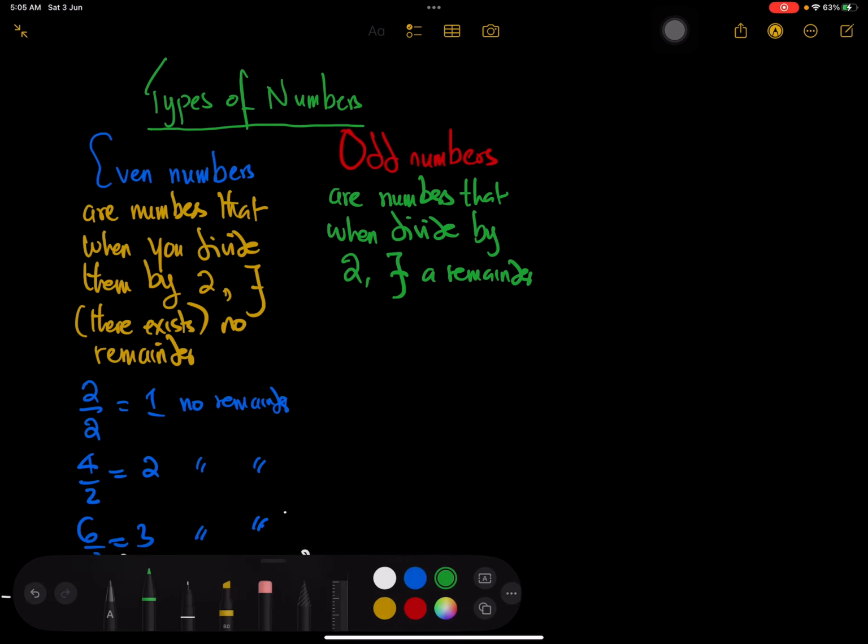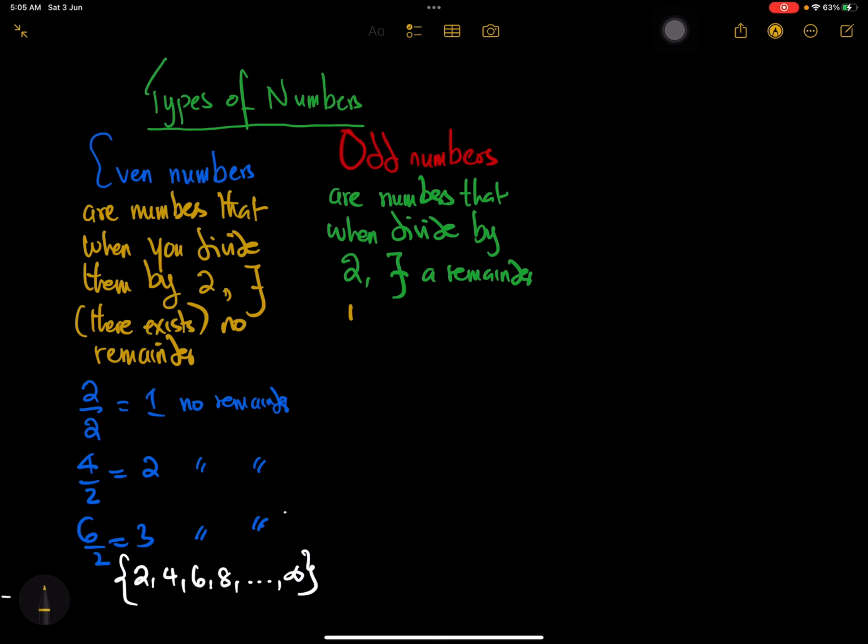So if we take a number like 1 and we divide by 2, 2 cannot go into 1, so it is 0. It tells you that there's going to be a remainder, even in decimal.